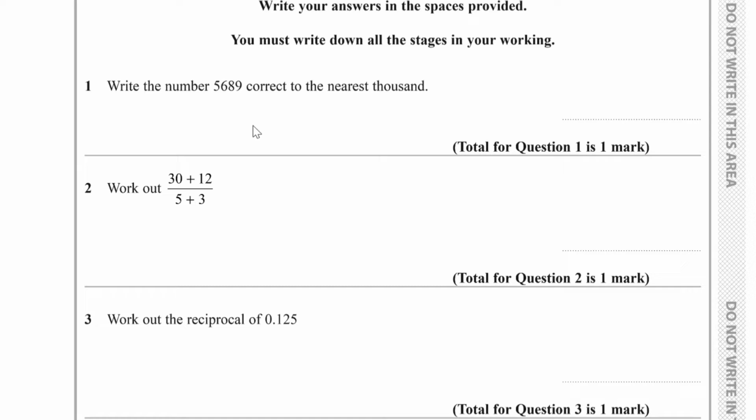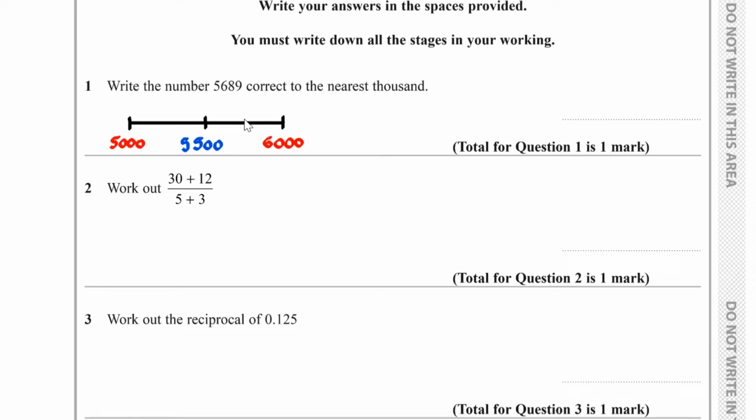Question number 1. We have to write 5,689 correct to the nearest thousand. Well, if I draw a number line, our answer will either be 5,000 or 6,000. And we've got our halfway point, 5,500.